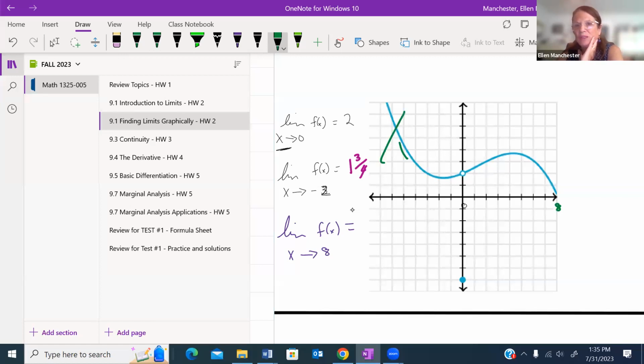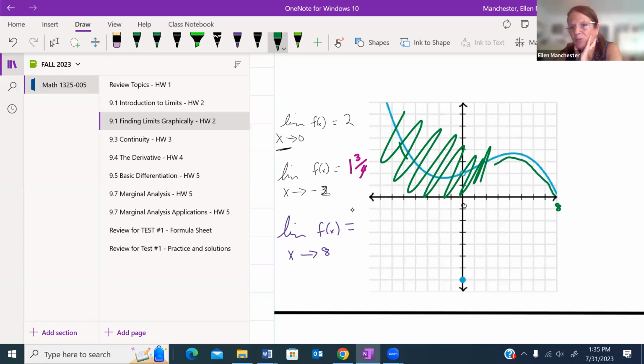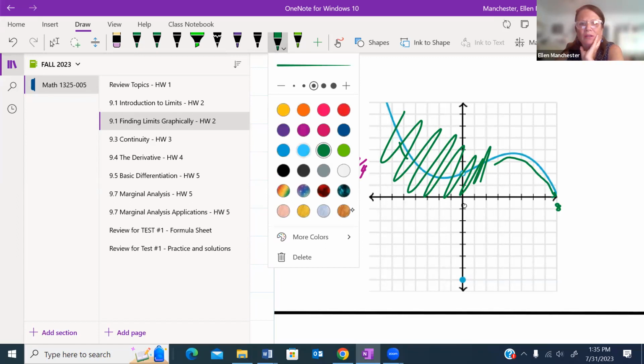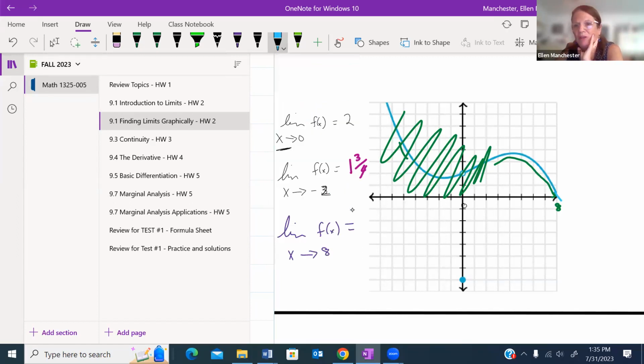I really don't care what's going on over here. All I'm looking at is what is my graph doing as I approach it, right? And if this graph kept going, I'll make it keep going. If it kept going and wound around.